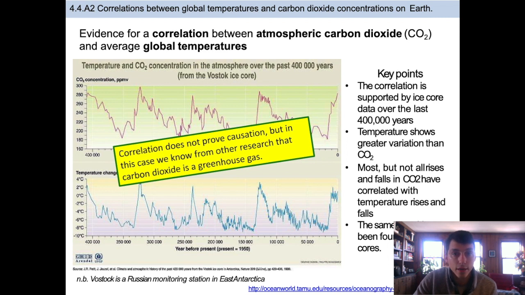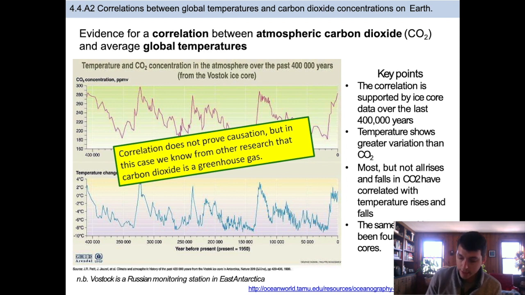Because we know it has those characteristics, and because we see this data here, all together that can be taken as a causation. So it can be deduced, to use the IB terminology, that CO2 concentration is causing these temperature changes.